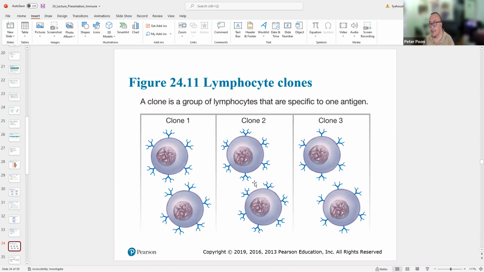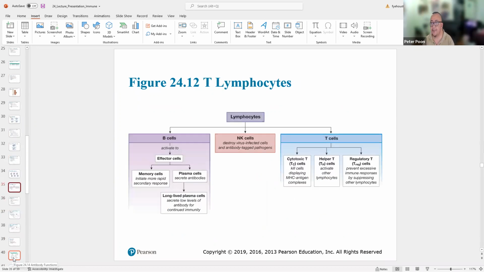So you can see that clones only bind to their specific antigen.